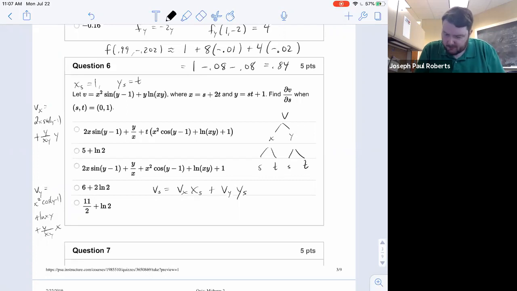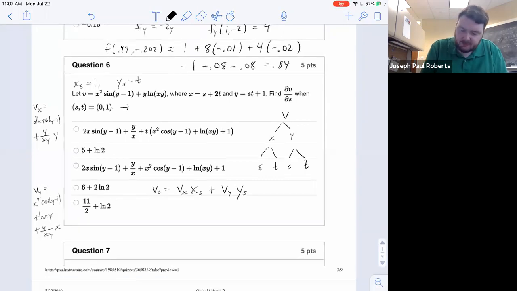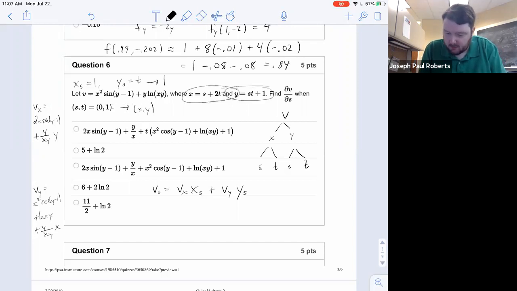Okay, so now we have to plug in our numbers. When s and t are 0, 1, that's what we're going to plug in here. So when t is 1, y sub s is 1. But then we also have to figure out the values of x and y, so we plug s and t into the x and y equations. When s and t are 0, 1, it looks like x is 2 and y is 1.